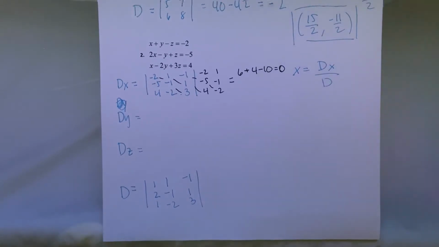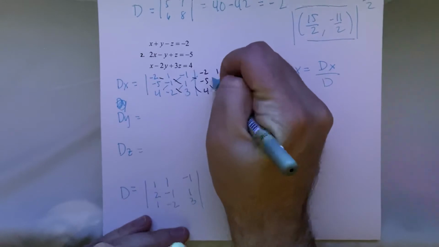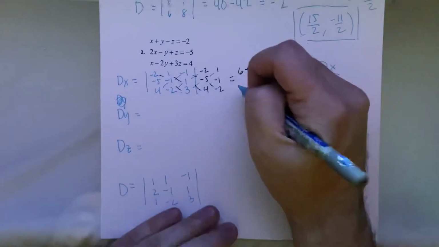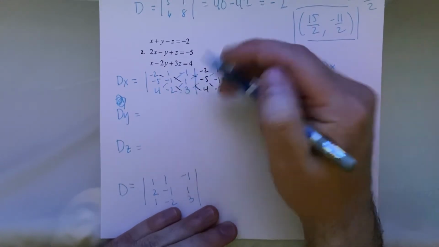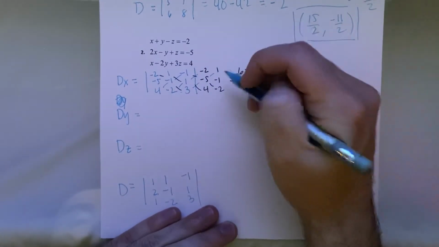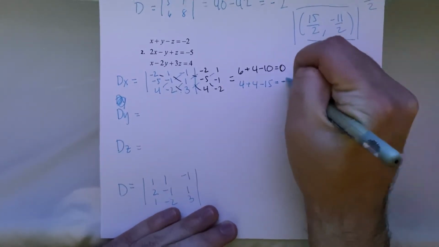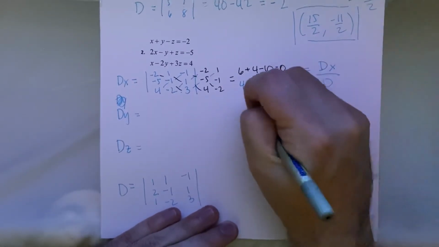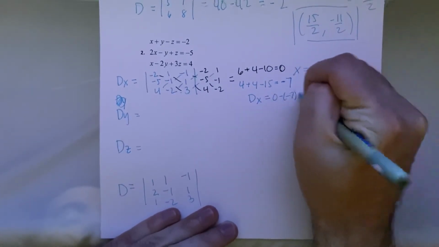Going down the other way: negative 1 times negative 1 times 4 is 4, negative 2 times negative 2 times 1 is 4, 1 times negative 5 times 3 is negative 15, so this is negative 7. That means dx is 0 minus negative 7, which is 7.